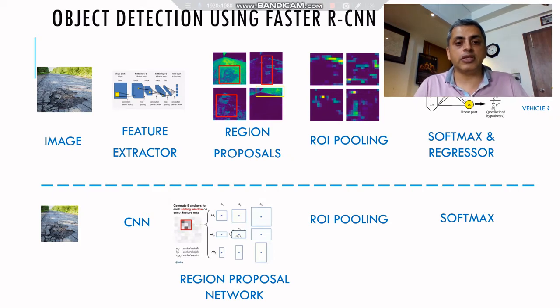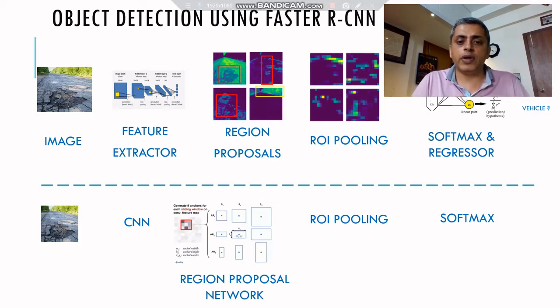Region proposal networks were a special type of network used to generate the region proposals, and they gave a lot of improvement in speed over the selective search algorithm. We'll get into the details of the dynamics of the region proposal network in the subsequent slide. But just hold on for that.